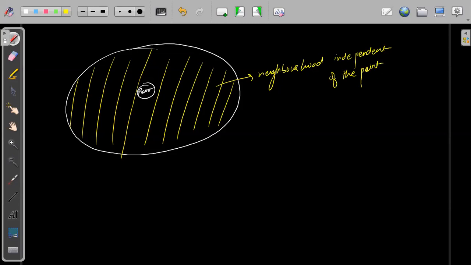So this was the concept of limit. That means limit was only and only dependent on the neighborhood. And nowhere in any concept of limit have we used the actual value of the point.